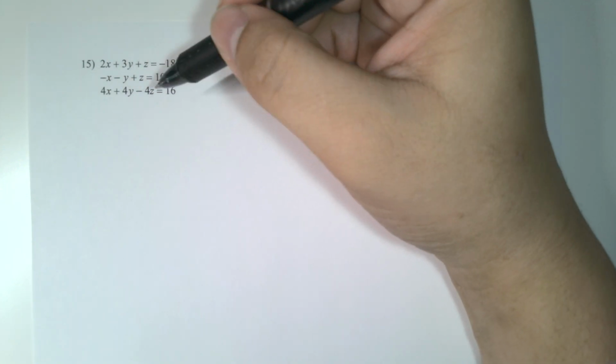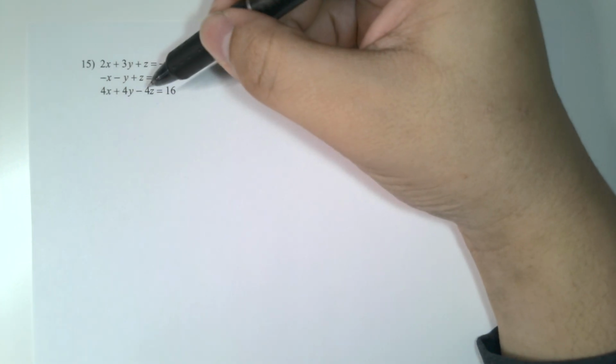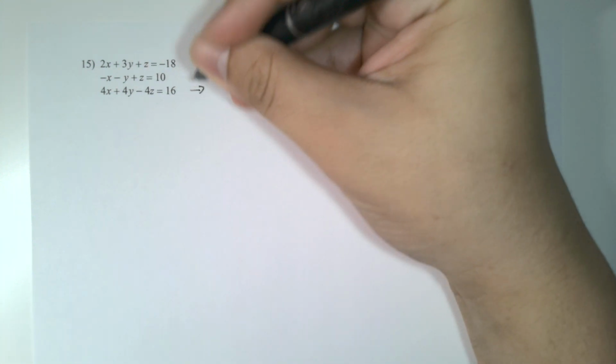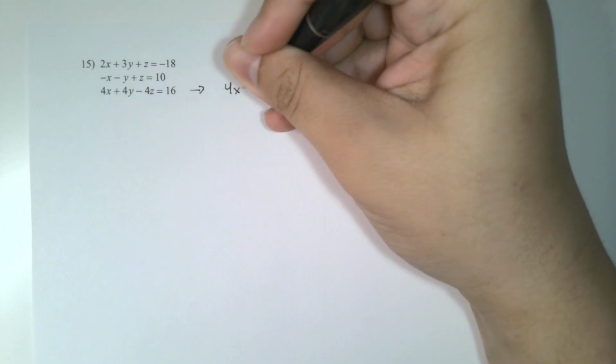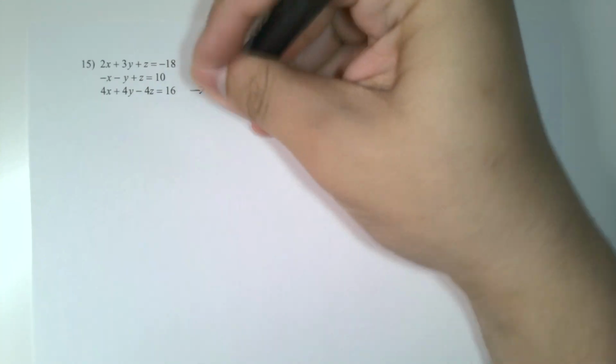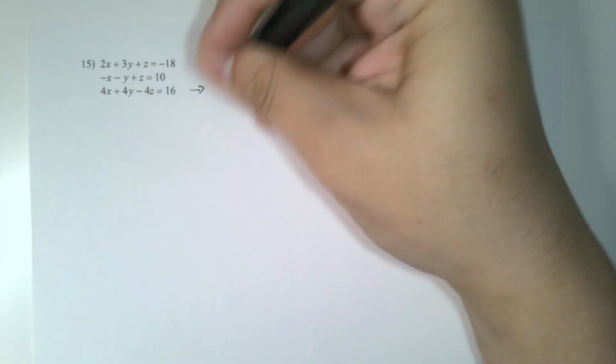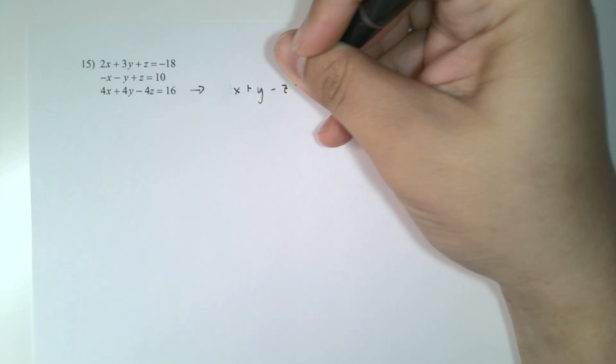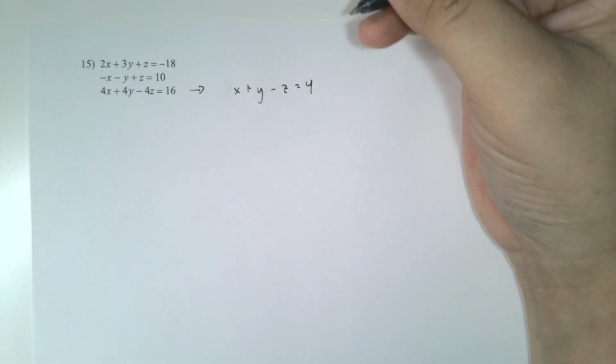However, notice that even this bottom equation, all of these are divisible by 4. If we divide everything by 4, we're just going to have x plus y minus z is equal to 4.